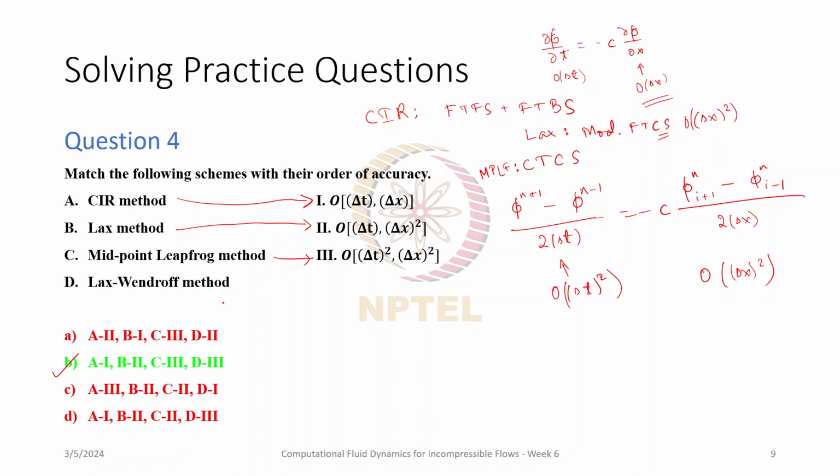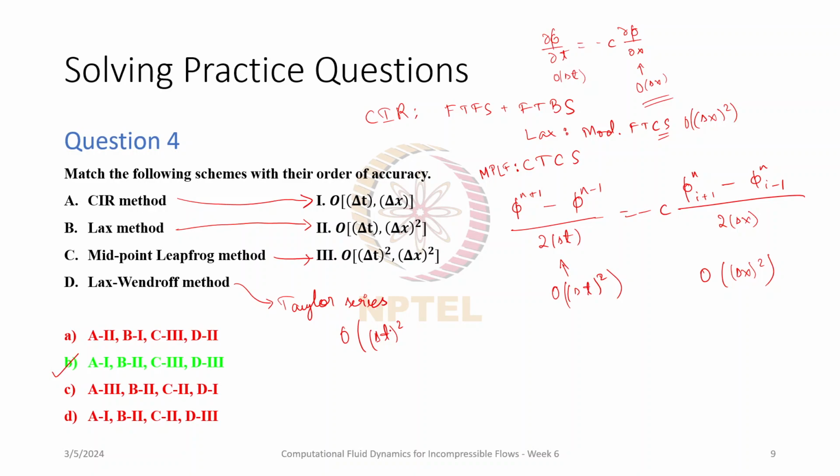And the Lax-Wendroff method, if we look at how it's derived, basically dou phi dou t is expanded in its Taylor series form, and then the time derivatives which appear are replaced by their space derivative counterparts, and what remains is again second order in time.